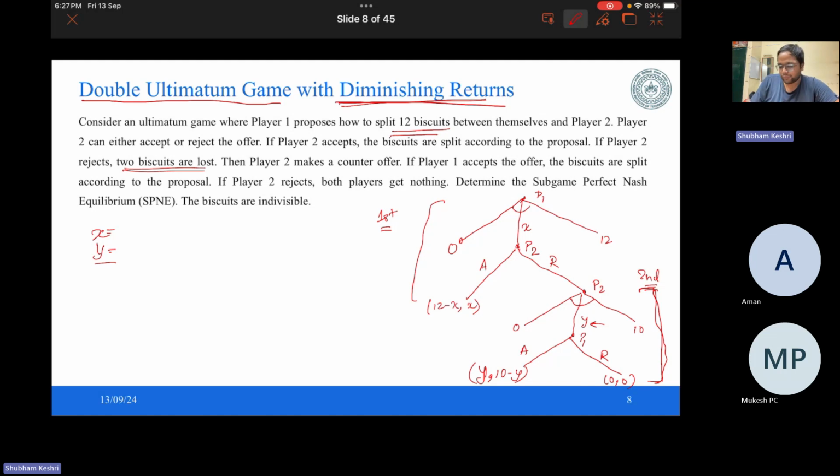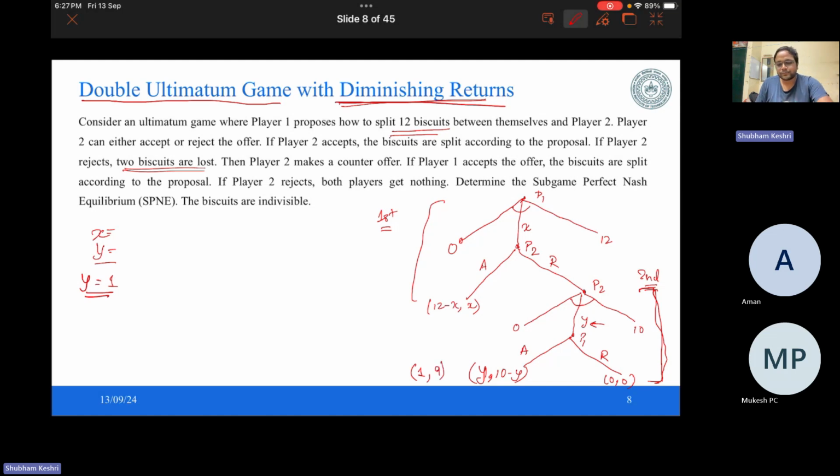So for any positive y, not 0, player 1 will accept the offer. Therefore, player 2 will offer the bare minimum, which is 1. So y is equal to 1. What will be the utility of both players? Player 1 will get a utility of 1 and player 2 will get a utility of 9.